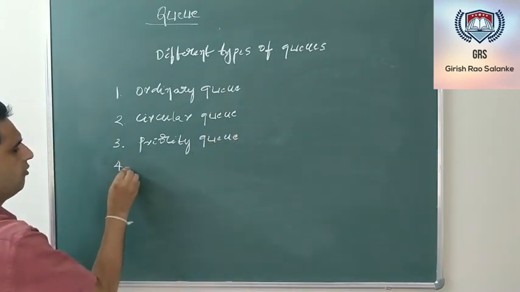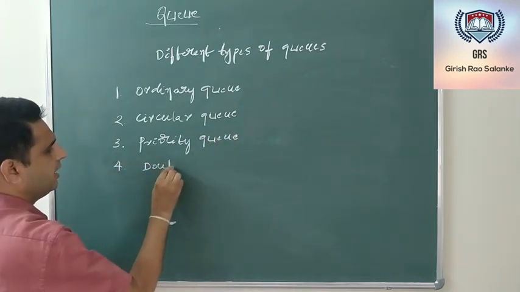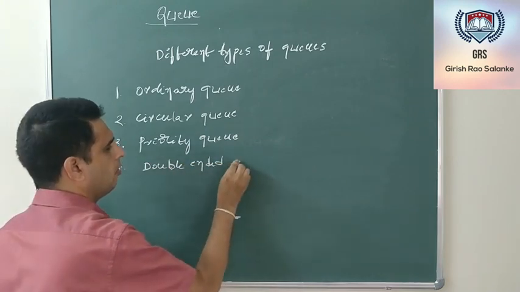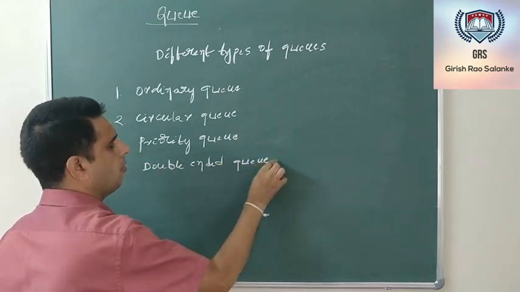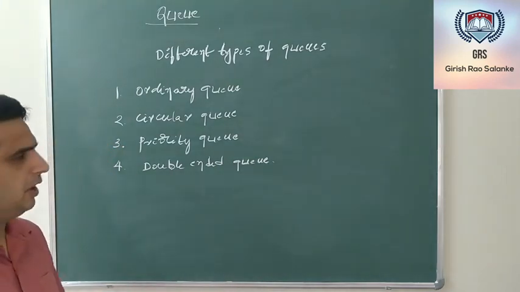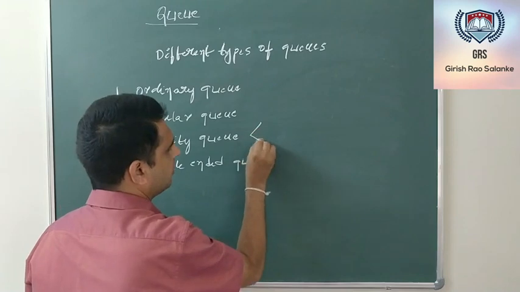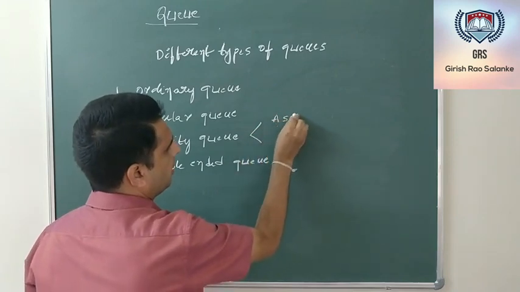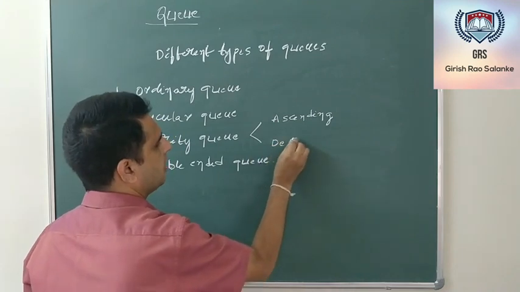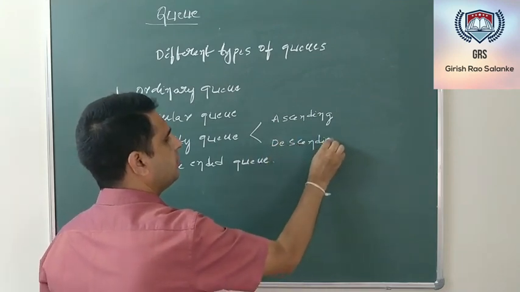And the fourth type, we can call a double-ended queue. In case of priority queue, we can come up with two different types: one by name ascending priority queue, and the second one termed the descending priority queue.